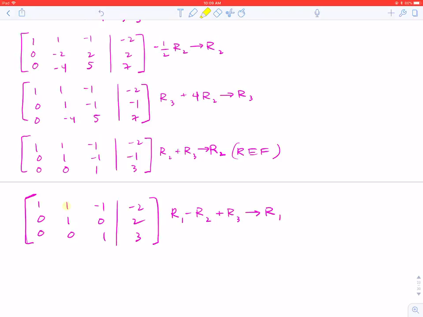And then by adding row 3, that'll make the negative 1 become 0. Okay, so negative 2 minus 2 would be negative 4, and then plus 3 would be negative 1.